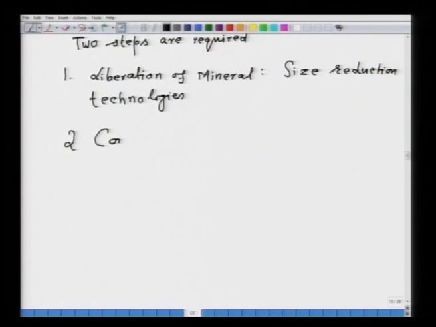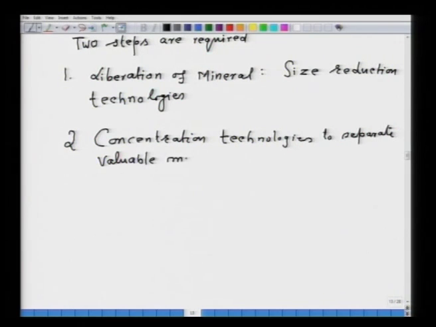We are talking of purely physical separation, and that can only be achieved once you reduce the size of that particular lump of the ore so that the valuable mineral is set free, and later on, the so-called concentration technologies can be used to separate the valuable mineral from the ore matrix.